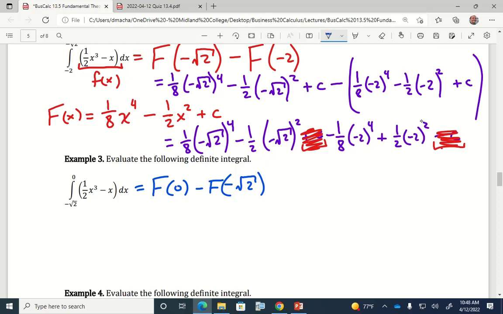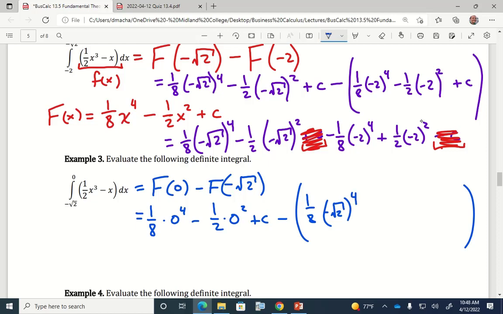So the first part, the antiderivative evaluated at 0, would be 1/8 times 0 to the 4th power minus half times 0 squared plus c. And then we subtract 1/8 times negative root 2 to the 4th power minus 1/2 negative root 2 squared plus c.